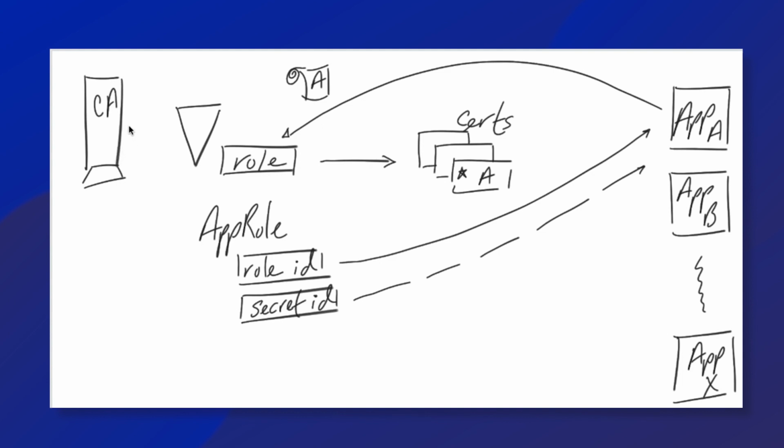the root and the intermediate CA or CAs in Vault, or having the root CA air gapped. But for now, let's just say it's a CA, and somehow it exists there. The connection to this use case is around the PKI secrets engine.